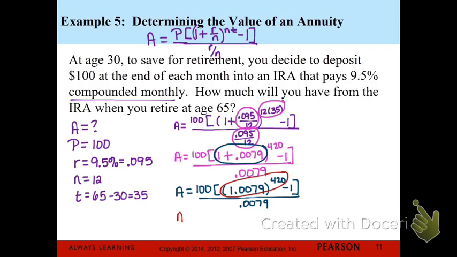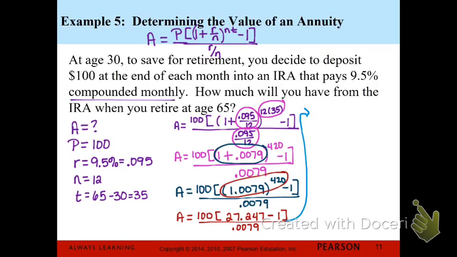All right, so A equals 100 times, what is 1.0079 raised to the 420? 27.5. 27 point, give me 3 decimal places. 247. And then minus 1 over the 0.0079.